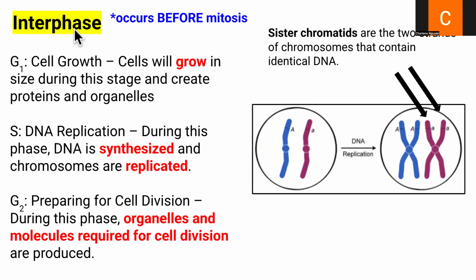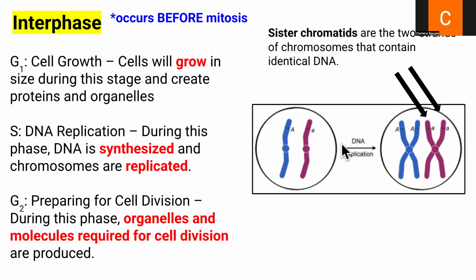So if you take a look at interphase, in G1, this is when your cell is growing in size. In synthesis or S phase, this is where your DNA is created and the chromosomes are replicated. So if you take a look at this picture on the right, here you have the original chromosomes inside the starting cell.